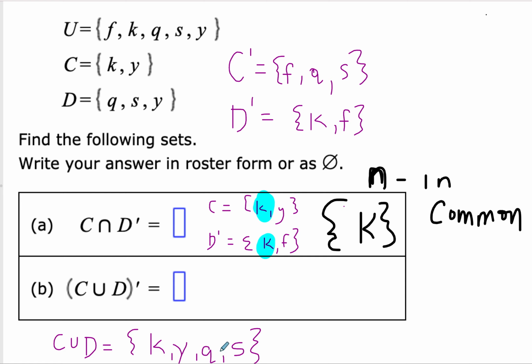It appears there's only one letter that's not in this group, and that's F. So we're looking for what's not in here. So C union D complement is what's not in C union D, and that's F.